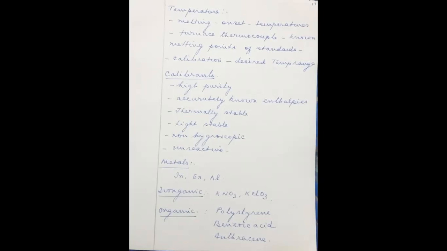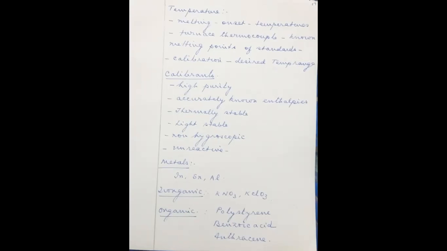So you are putting that, and you are finding out the water equivalent of the calorimeter. So this is called calibration. So here also, in order to calibrate the entire system, you are taking substances with known melting points.